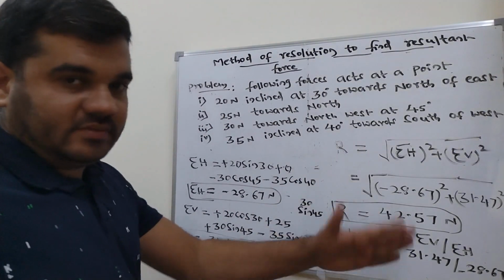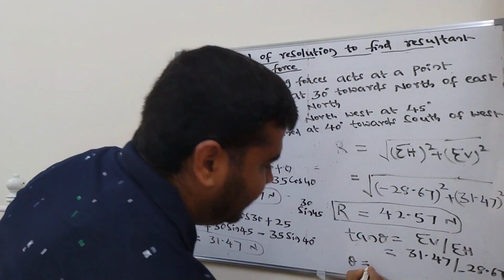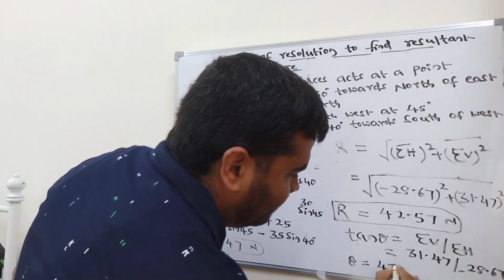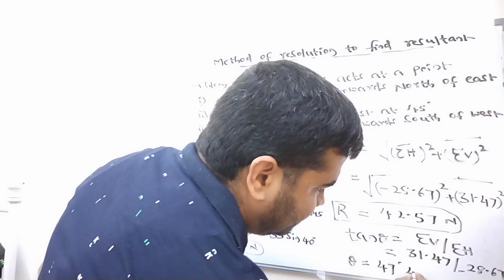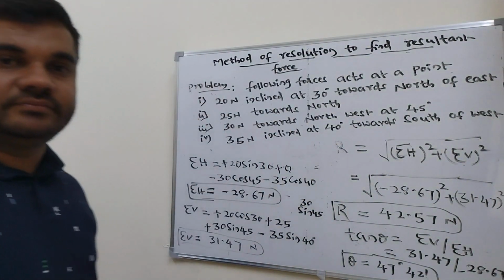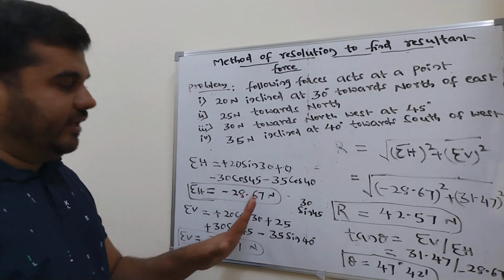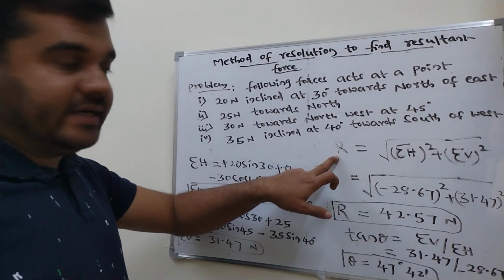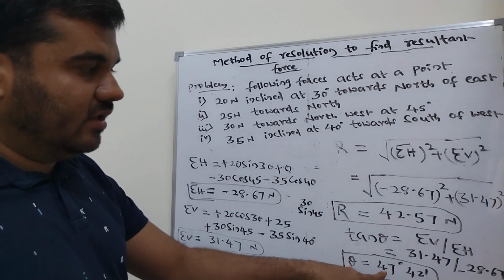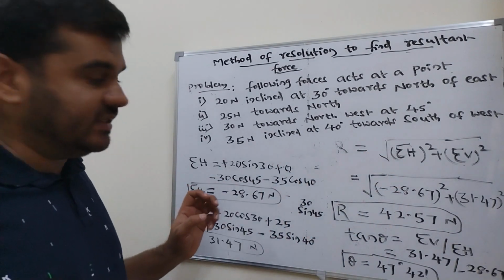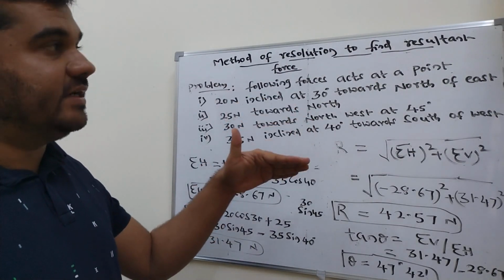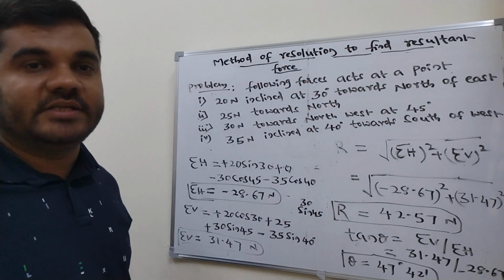After calculating, I am getting theta as 47 degrees and 42 minutes. This is how you need to calculate. You only need to use these two formulas: one to find the resultant, and this one to find the angle. How to calculate the summation of H and summation of V, I already explained here. Okay, this is how you need to find the resultant by using the resolution method, resolution of each force.